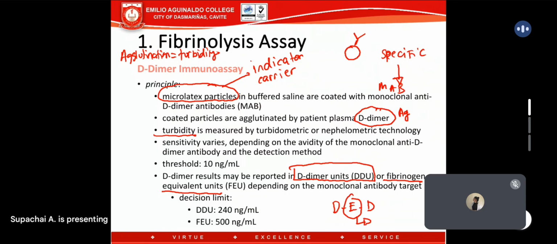The decision limit means kapag lumampas yung patient sa 240 DDU, that patient is already a candidate to be considered as DIC. Or kaya lumampas naman siya sa 500 nanogram per ml, ang ibig sabihin niyan, yung patient na yan is candidate to have the so-called DIC.